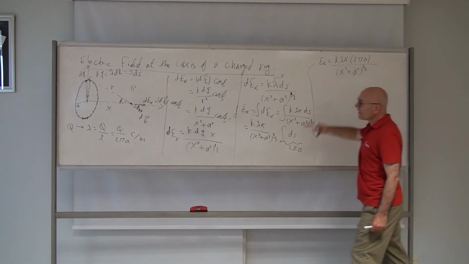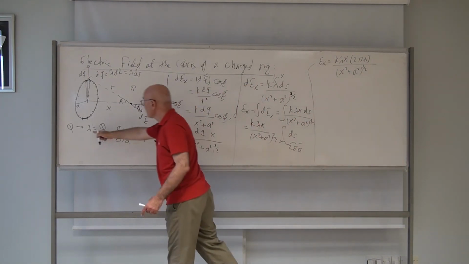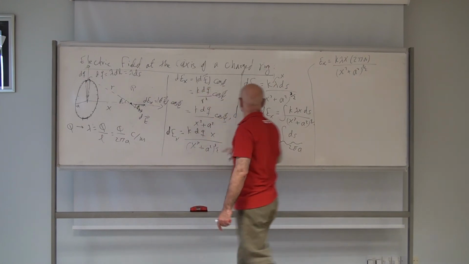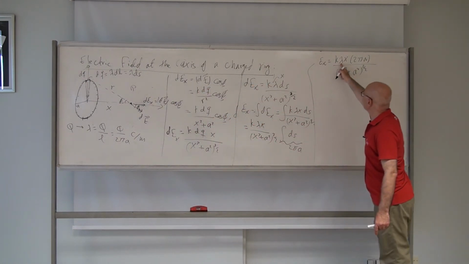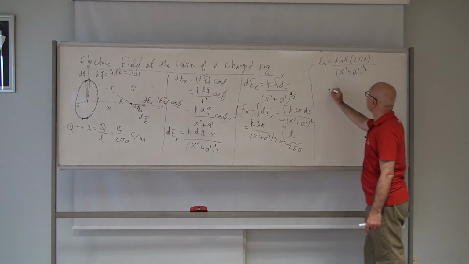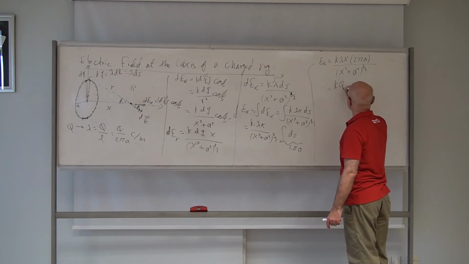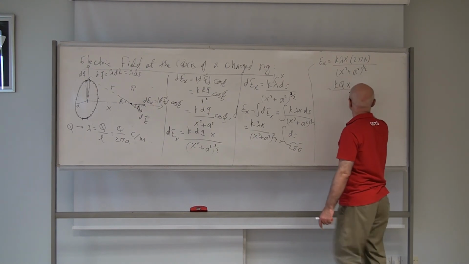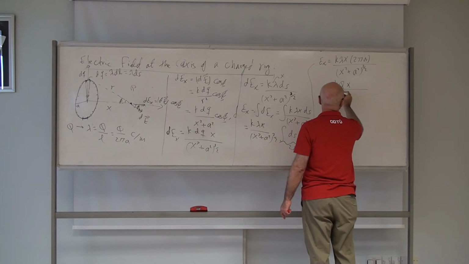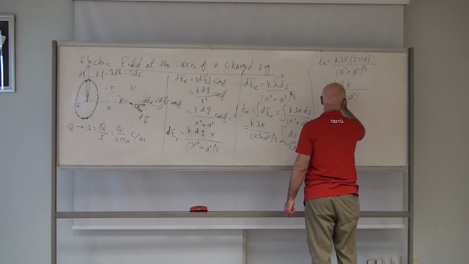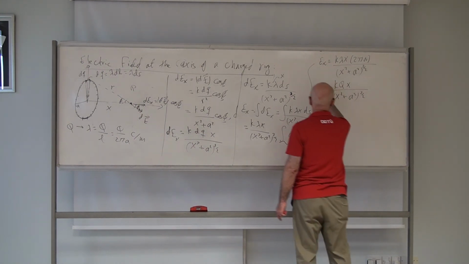Now, if you recall the expression for lambda from here, which is q over 2 pi a, then if you replace lambda with q over 2 pi a, this will cancel and the expression will be kqx divided by x square plus a square to the power 3 over 2.